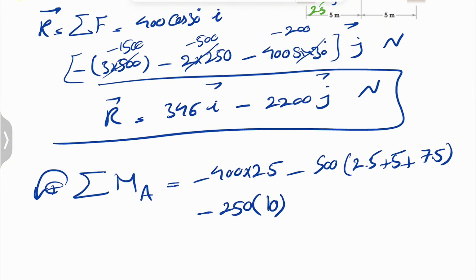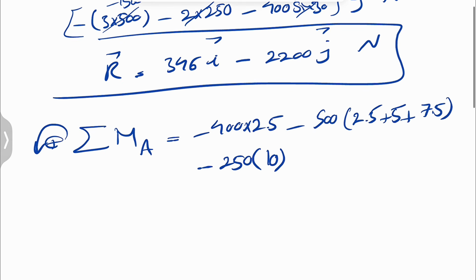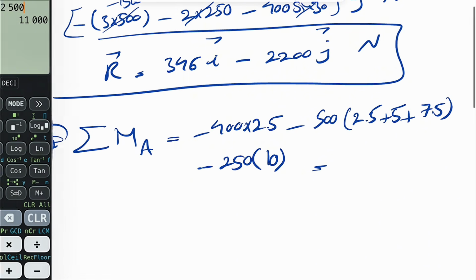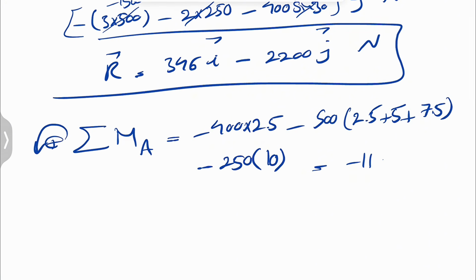This gives us the total moment: 400 times 2.5 plus 500 times 2.5 and so on, which gives negative 11,000 newton meters, and the negative sign shows that the moment is clockwise.